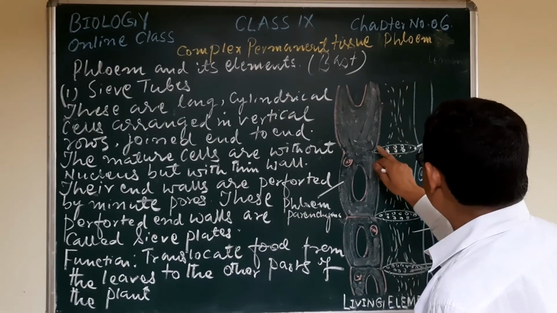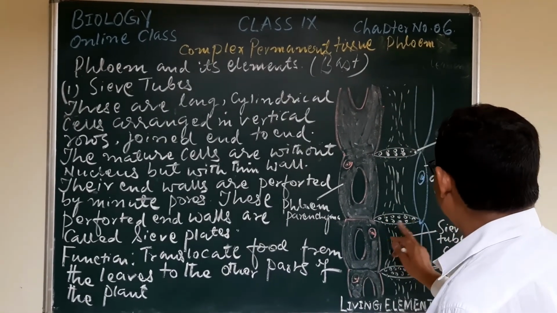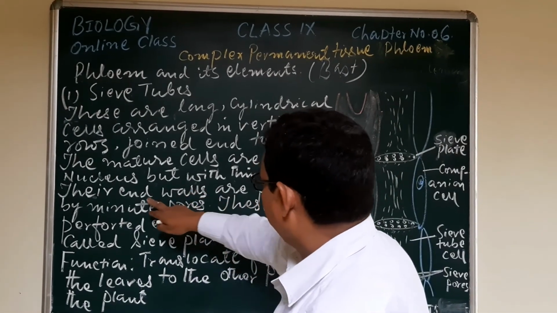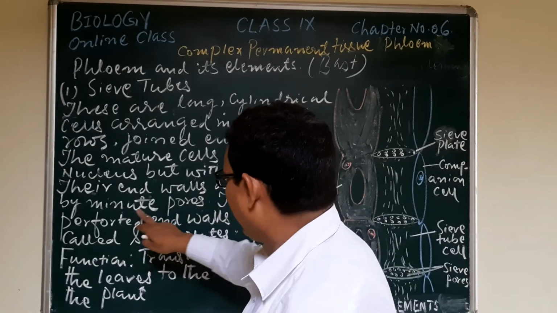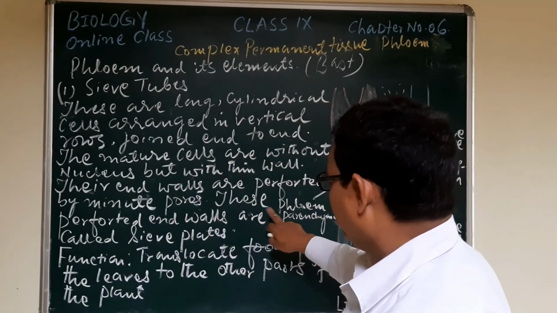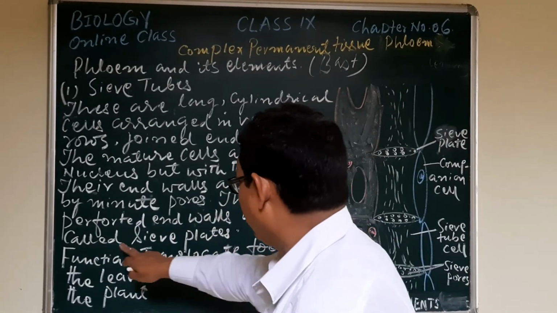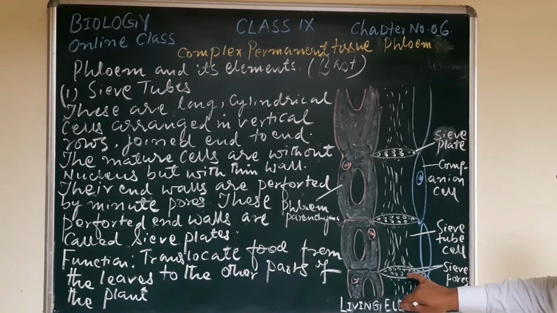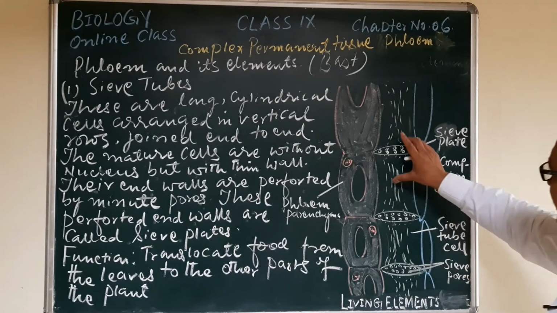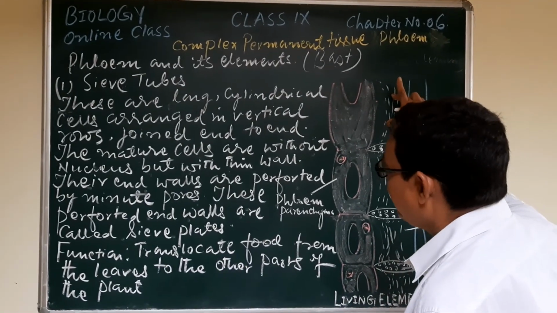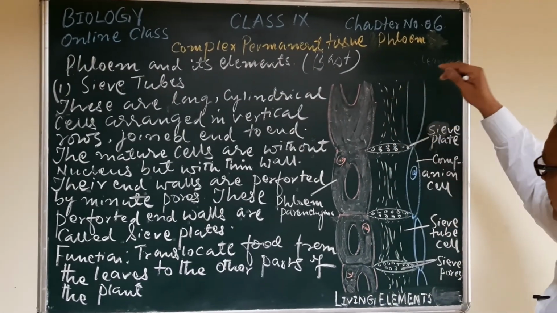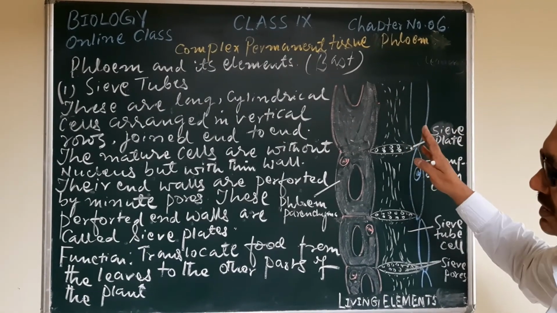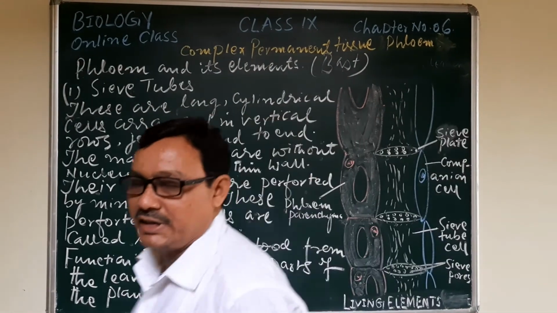This is the cell and this is the end wall. These perforated end walls are called sieve plates, and the pores are known as sieve pores. So these are the sieve tubes, which are living cells but do not contain a nucleus.